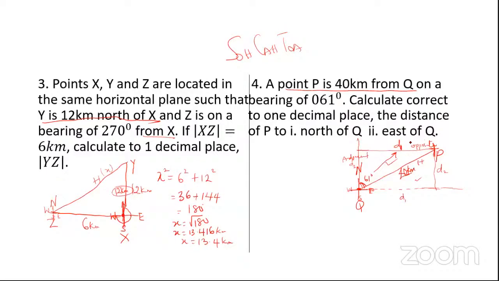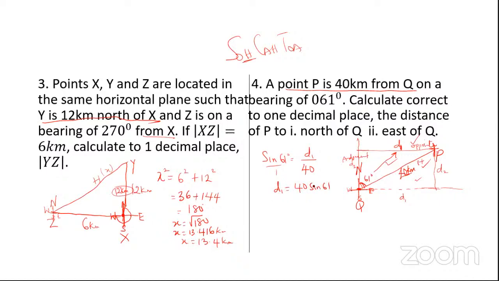So because we are looking for opposite, we know hypotenuse. That's OH. So it means you are going to use sine 61 degrees equals opposite, which is D1, over hypotenuse, which is 40. So if you cross multiply, D1 will be equal to 40 sine 61.